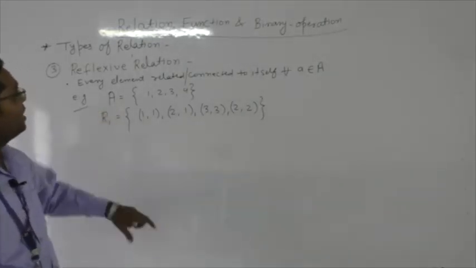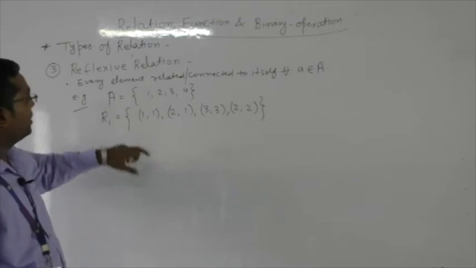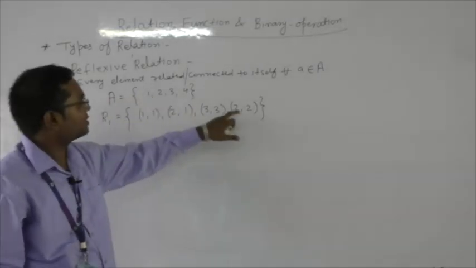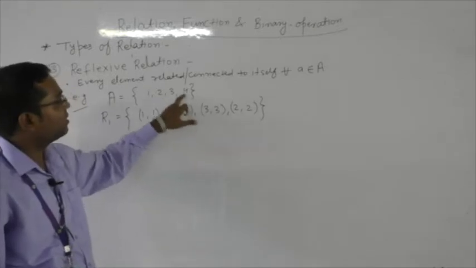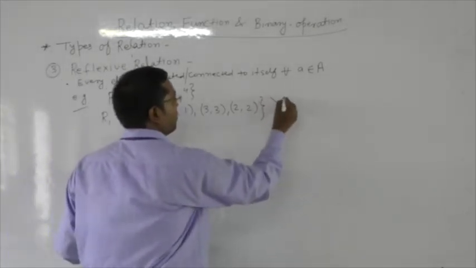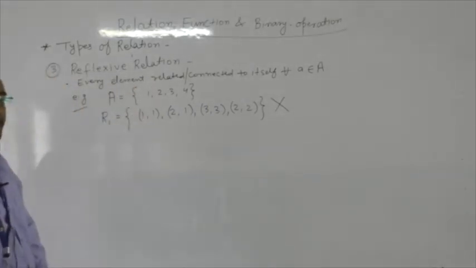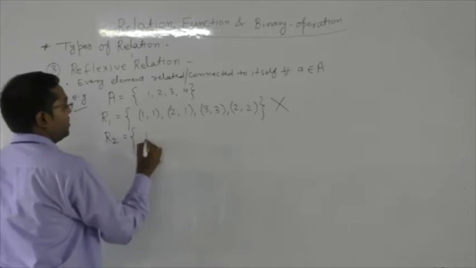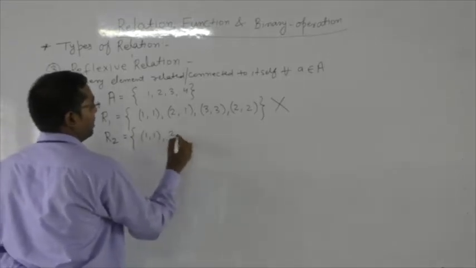See, every element in set A should be related to itself. 1 is connected to 1, yes. 2 is connected to 2, yes. 3 is connected to 3, yes. 4 is connected to 4, no. Hence, this is not a reflexive relation on this set A. Let's see the other example. Suppose I am taking the relation in ordered pairs like that.